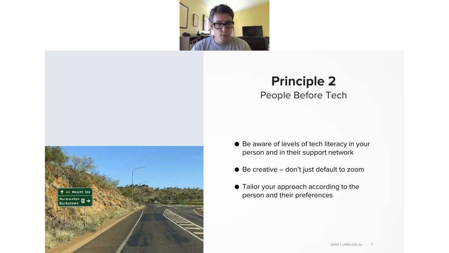So principle 2. The most interesting thing, I think, almost that I found from my whole PhD was people don't care about technology. They don't care what platform you're using.